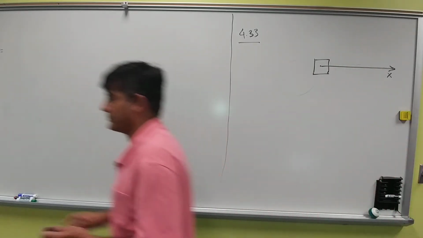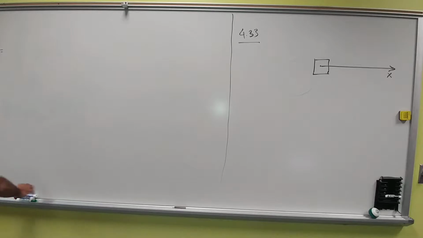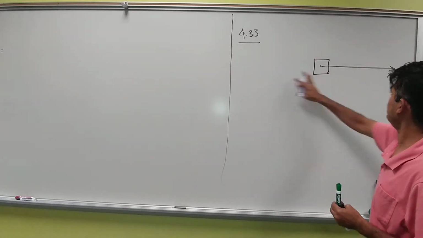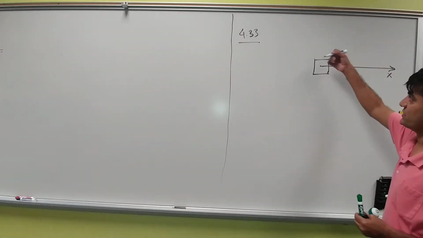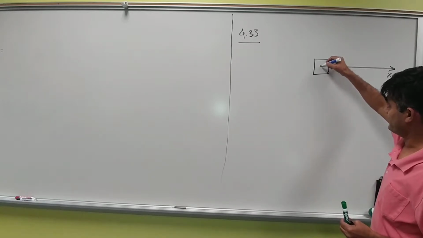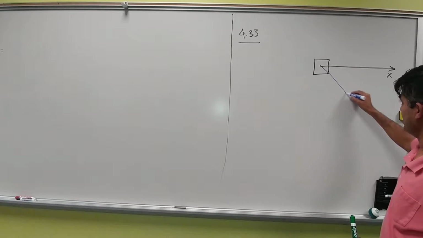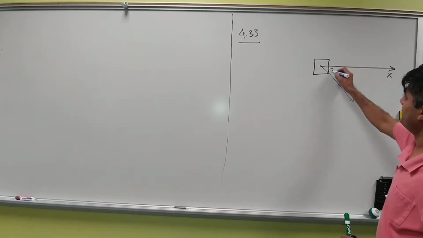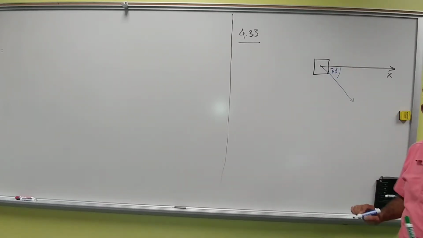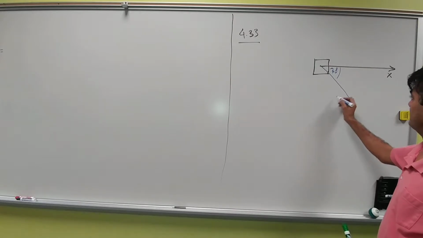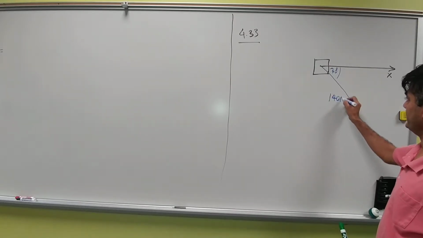I'll use a different pen here. One guy is pushing in this direction, and the angle is 30 degrees. The other guy is pushing at 60 degrees. This is 140 Newton.